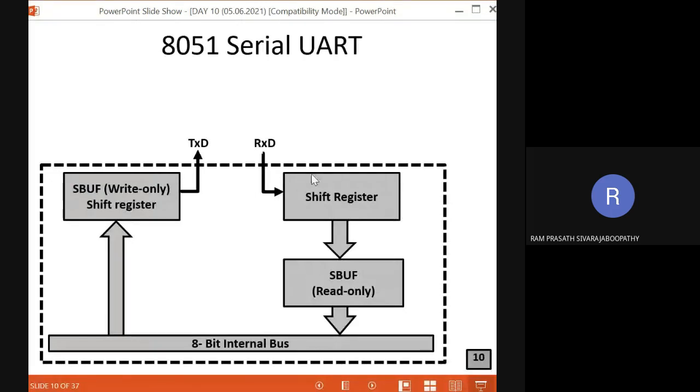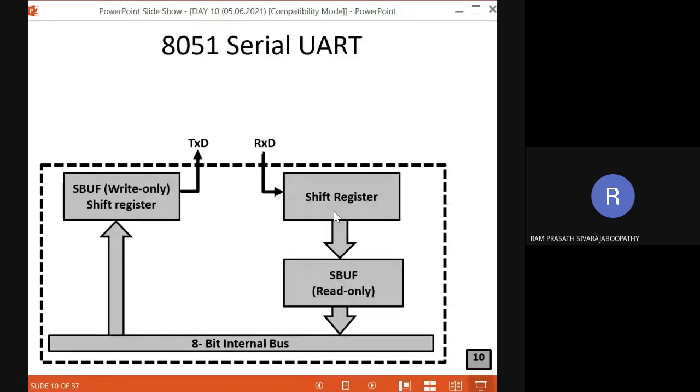While transmitting, we have only one register, but in reception, please see the additional shift register. After receiving 8 bits of data, it is transferred to SBUF and it is ready to receive the next byte. Why is it like that? If you are receiving a byte of data, and before reading it the next byte comes in on the serial input, what will happen?